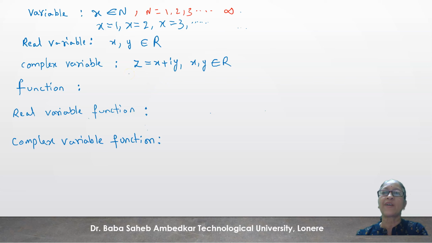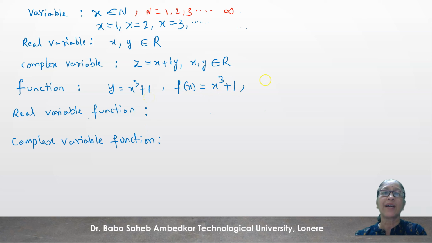Then let us see what is function. Function is nothing but a relation between any two variables. So here if I write y equal to x cube plus 1, this is relation between x and y. So here y is nothing but f of x. So you can write it as f of x equal to x cube plus 1. So this is relation between x and f of x.